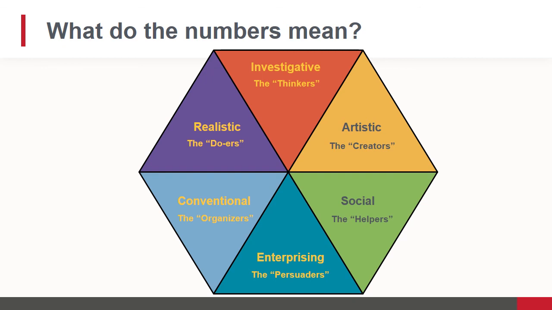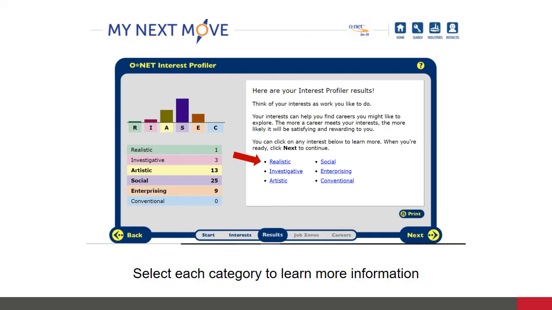Now, let's take a closer look at the interest categories and what they mean. This screen allows us to take a deeper look into each of the 6 categories. You can read each one to familiarize yourself with the differences within the categories.